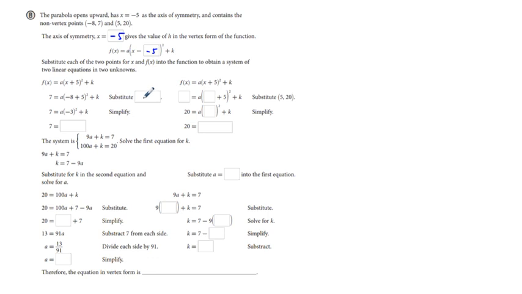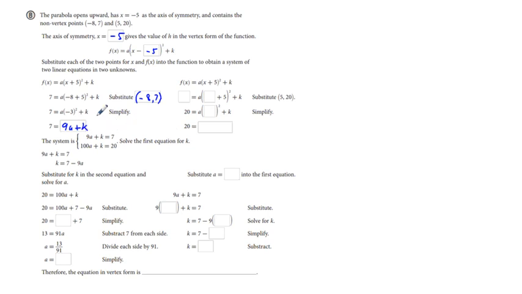And here, working on the left side, we have this equation, and we're going to substitute that first point, which is (-8, 7), and just working below, we have 7 equals, see, we have negative 3 squared, which is 9a plus k. 7 equals 9a plus k.